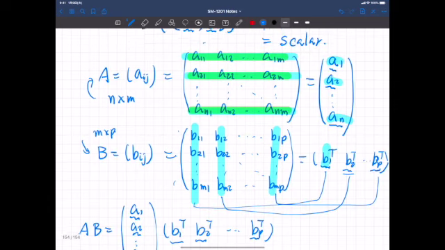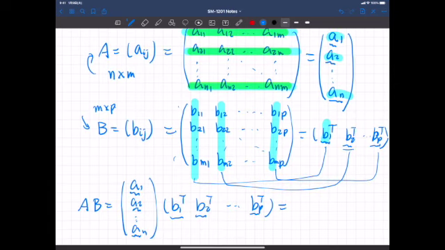If you multiply this, you will find that this is actually equal to A1 B1. So this is a scalar product, or dot product. I think I will write in the next page.